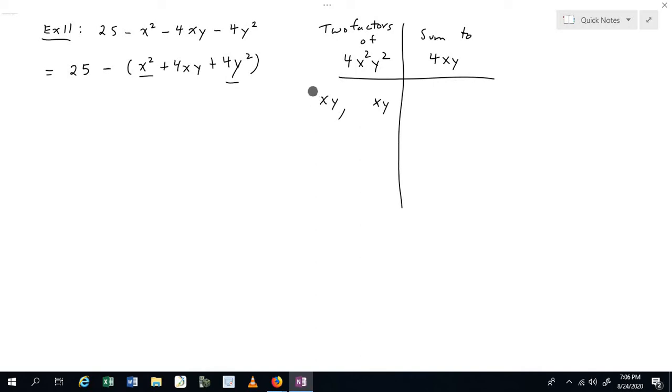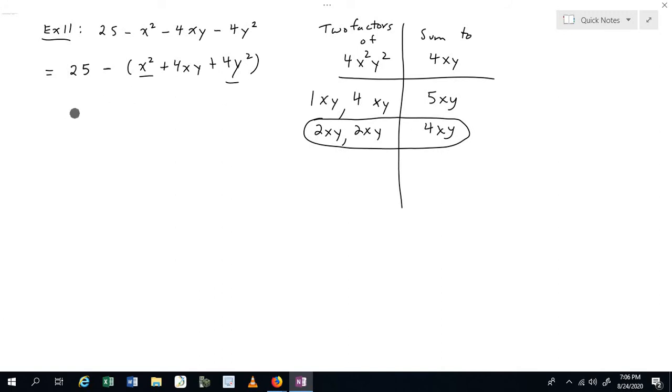Okay, so starting with 1 times 4. And then you add these together and you get 5xy. So that doesn't work because we want it to be 4xy. Okay, then you go to 2. Okay, so those are two factors of 4, but then when you add these together, you get 4xy. And that is the middle term, so this is what we need.